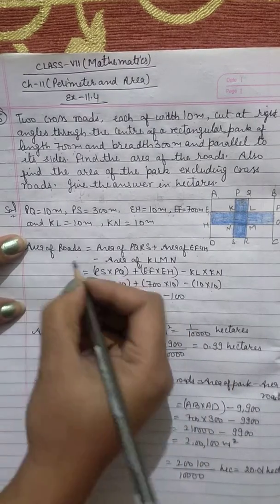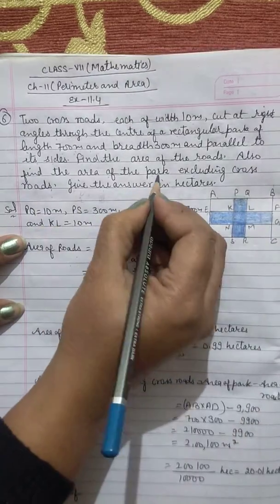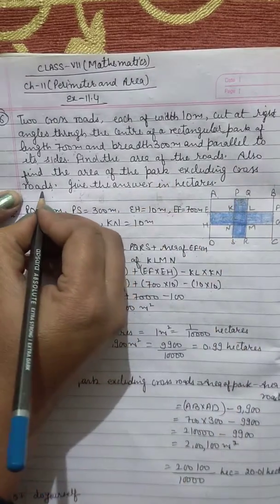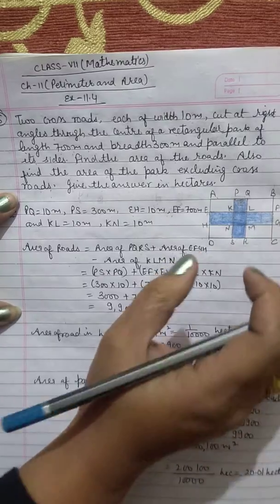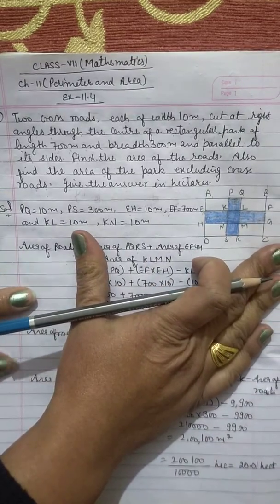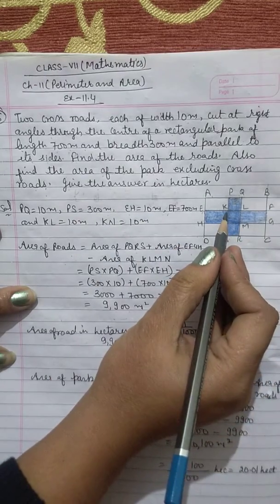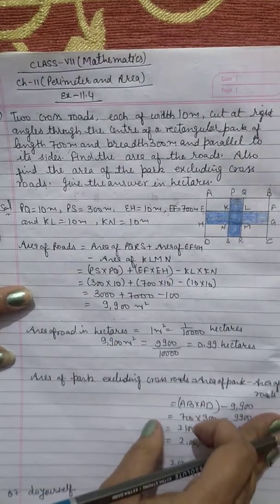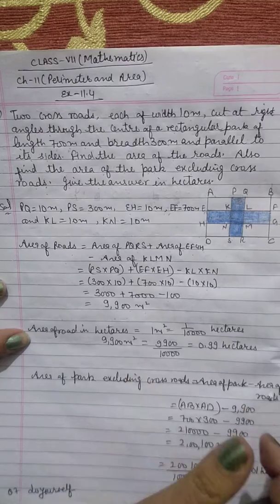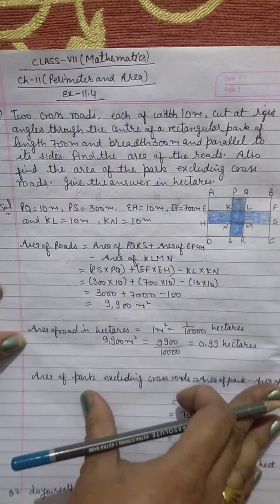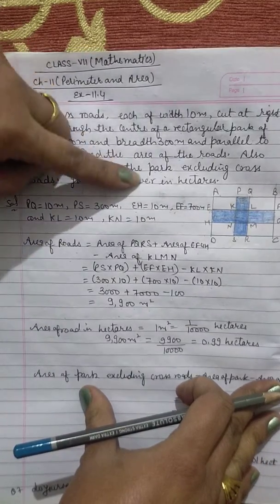After that, what is it saying here? Also find the area of the park excluding the crossroads. Now I will find out the area of the park including roads and subtract from it the area of the roads. So let's start now. As we know, they're also asking us to convert the answer in hectares.